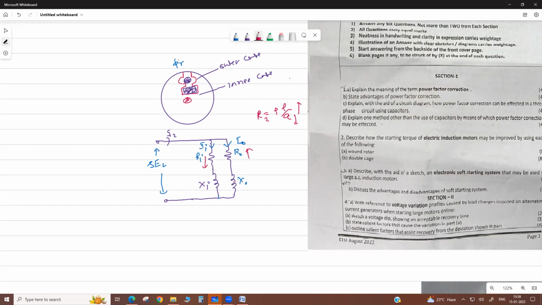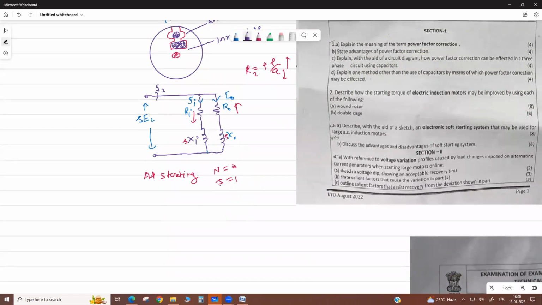Now impedance changes at starting. At starting, when speed is 0, slip is 1, maximum. Because reactance is also slip times, na. So slip is 1 means your reactance is affected. Now suppose there are two conductors in parallel, like this.